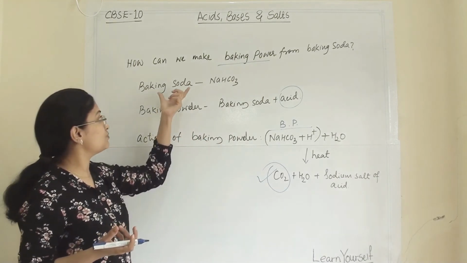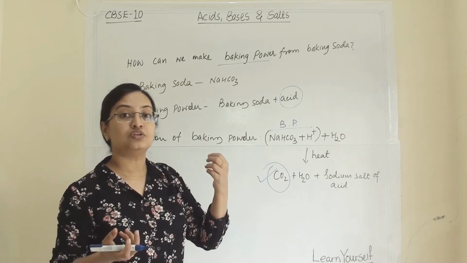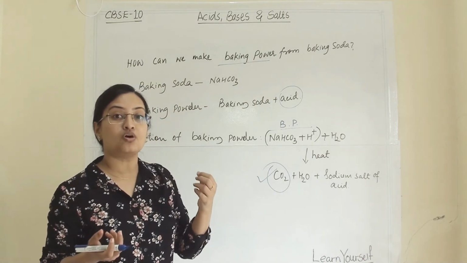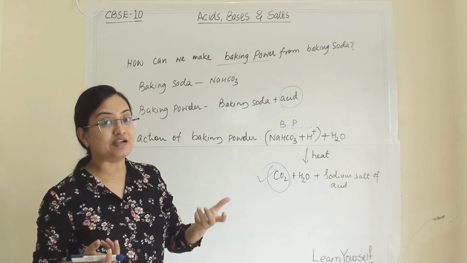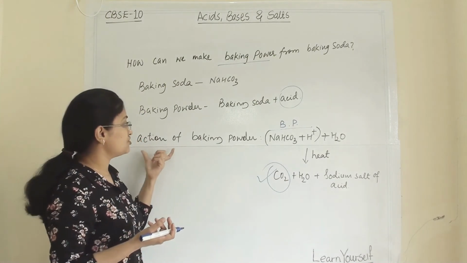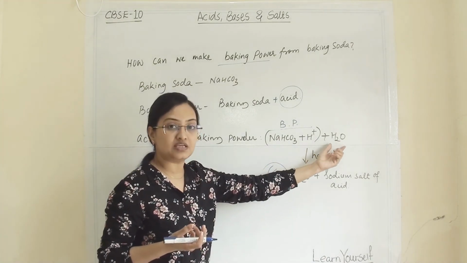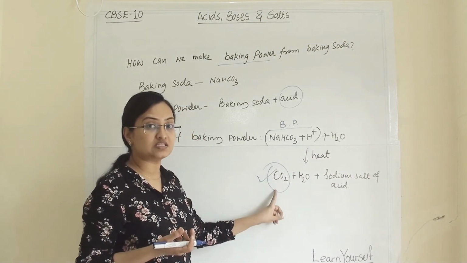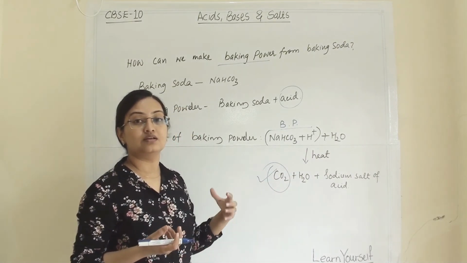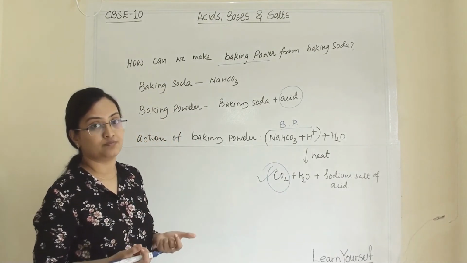Sometimes when we use baking soda, we add 2-3 drops of lemon juice or citric acid, which gives a better result. The action of baking powder is that when it is heated with water, it gives us carbon dioxide. This is important, and this gives fluffiness in bread and pastry.